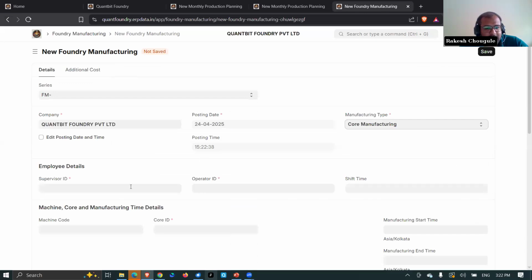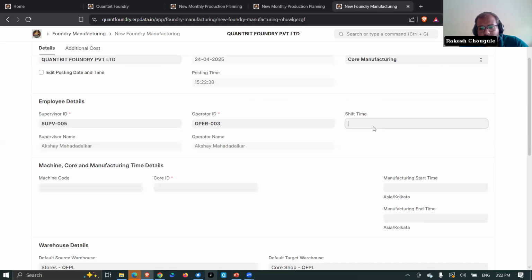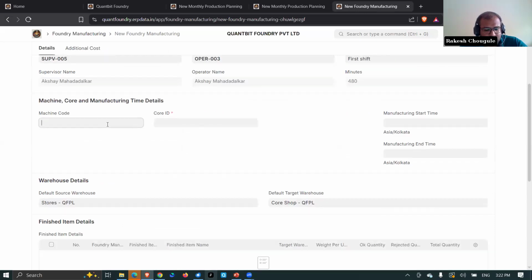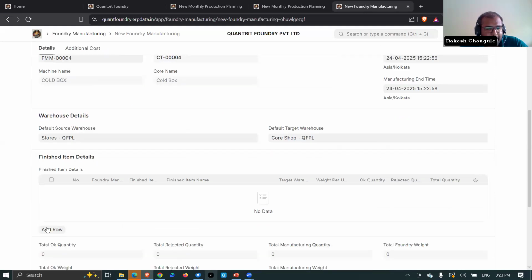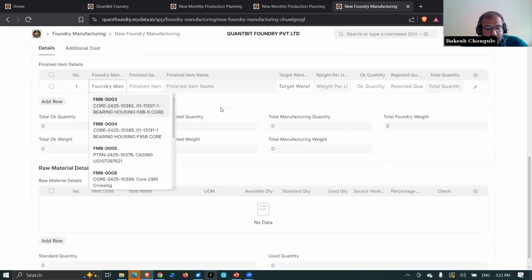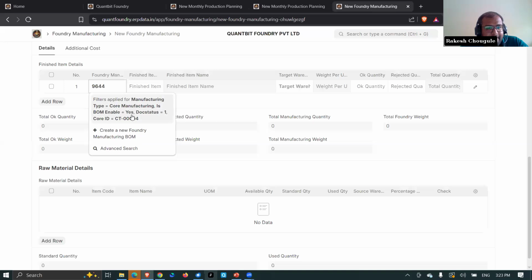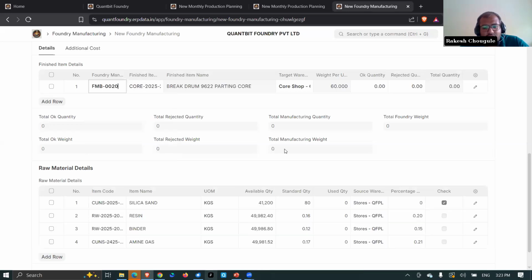Here you can see core manufacturing, supervisor, operator. You can see all the raw materials required are fetched from our bill of material.